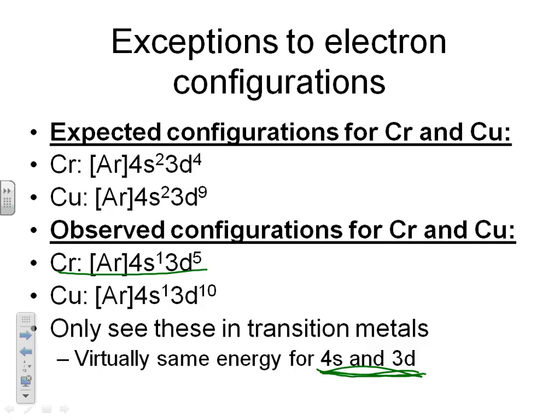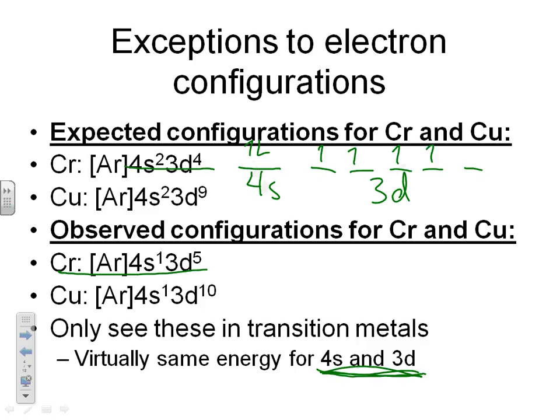If you think about 4s2 3d4 versus 4s1 3d5, if we were to write that out with orbital notation, I would have 4s, the one orbital in 4s, and then 1, 2, 3, 4, 5, the 5 orbitals in 3d. If I have 2 electrons in 4s and then 4 electrons in 3d, like that, they would be spread out.